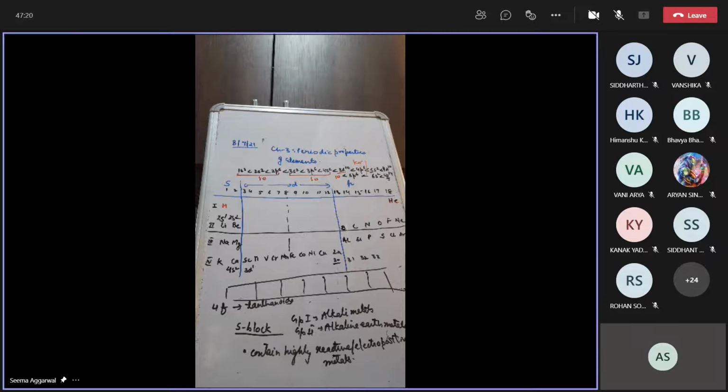What is it? Yes. Second characteristic is that their compounds are generally ionic.